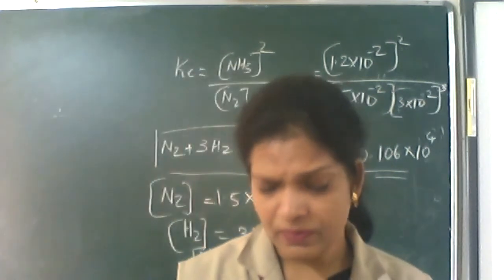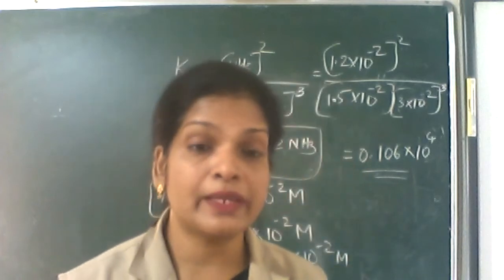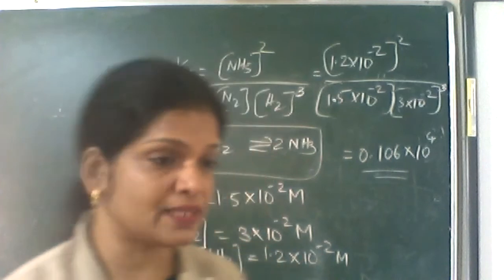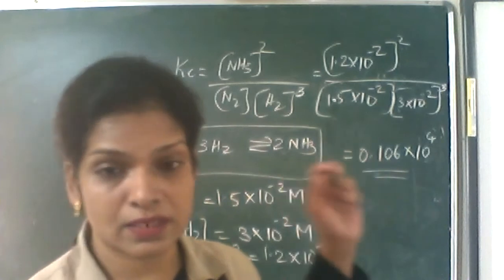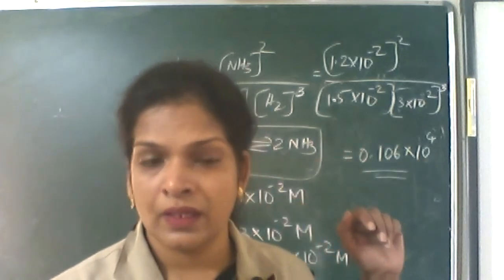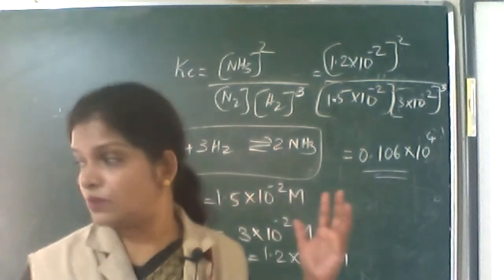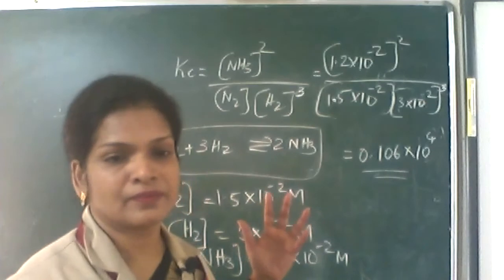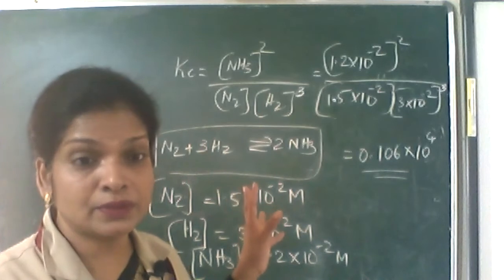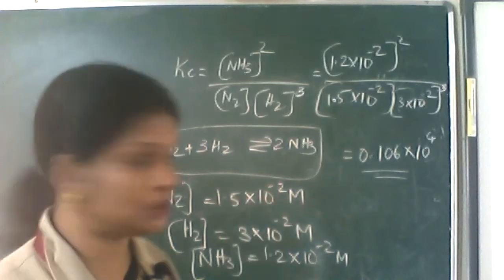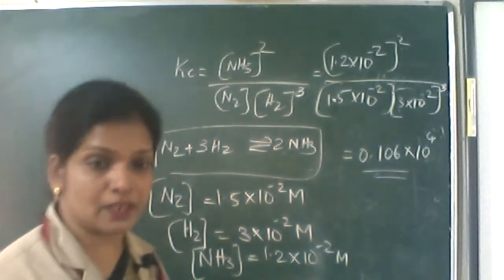Next, we are going to another equilibrium constant, denoted by Kp. In Kc we put the molar concentration, moles per liter. But when all the species are in the gaseous state, we can avoid moles per liter and use the pressures of these different species instead, because pressure measurement is very easy.